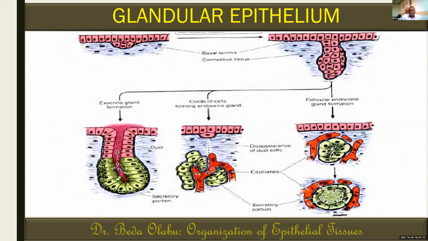Those will form endocrine glands. But for exocrine glands, they retain their attachment to the epithelial surface, and that attachment will canalize so that you have a ductal system.